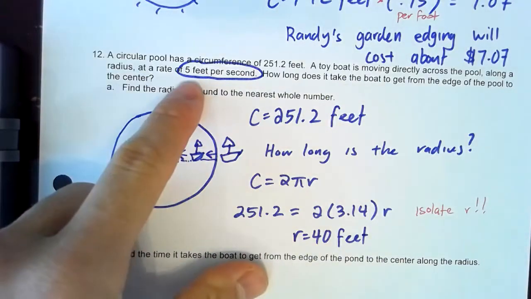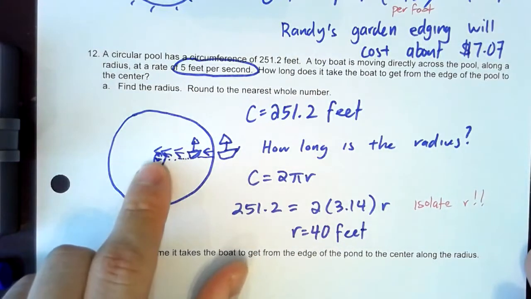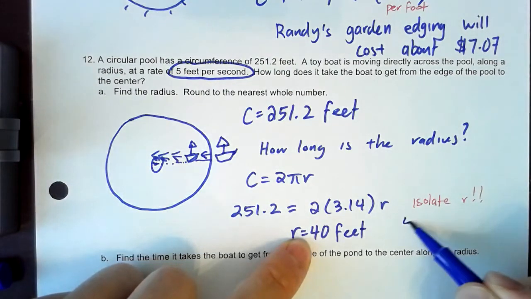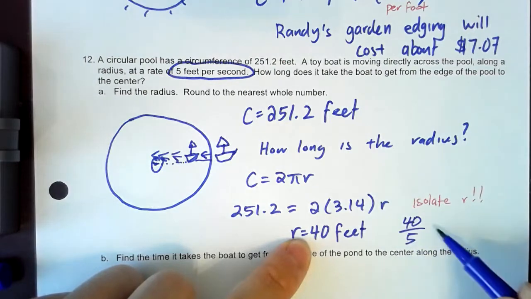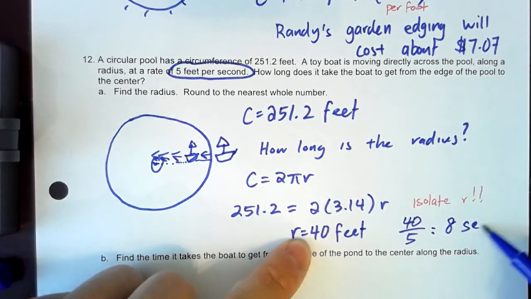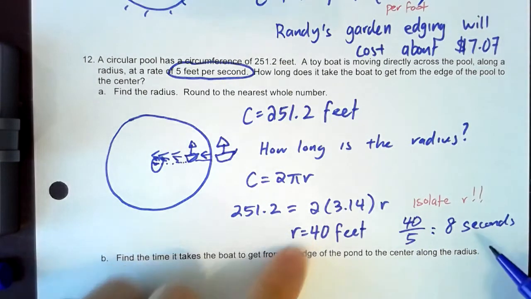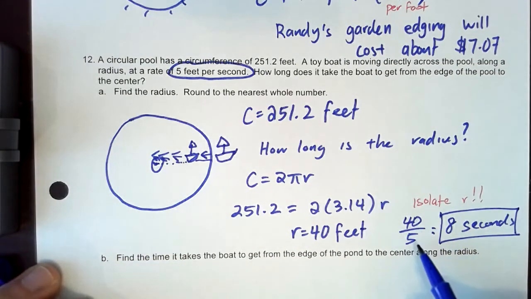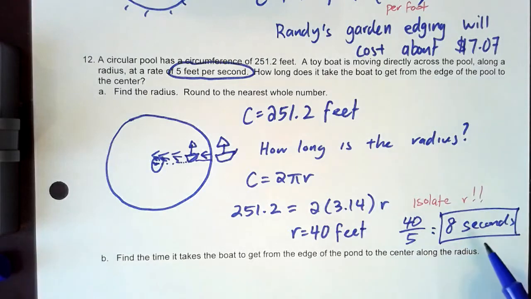So how long would it take for the boat to reach the center if the center is 40 feet away? Just take 40 divided by 5, and we get 8 seconds. Total distance divided by your speed is going to equal the time.